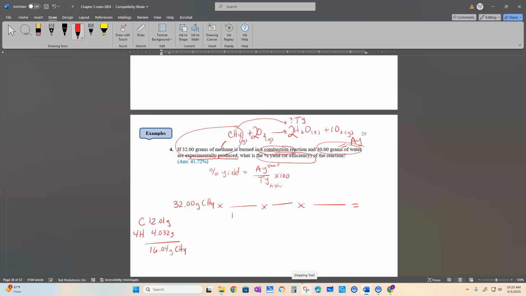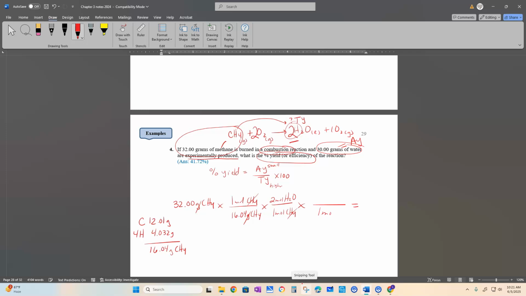So I'm going to put that at the bottom, 1 mole on top. Grams are gone, so now it's time to look at my equation. For every 1 mole of methane, I have 2 moles of water, because I need to look at that coefficient. Bye-bye methane.